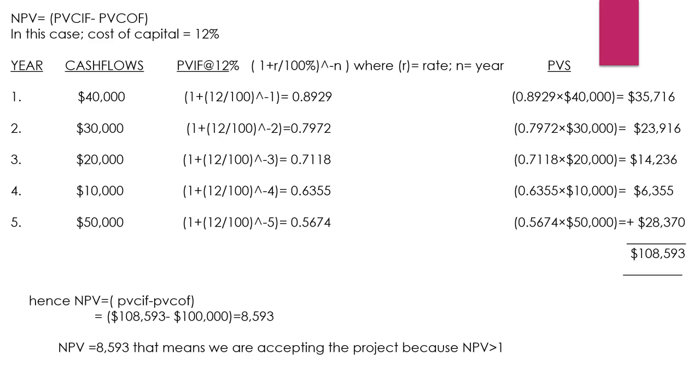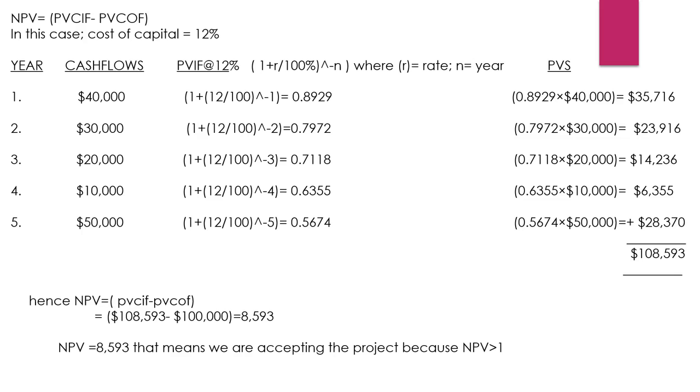So to get the present value of cash inflow, it will be 1 plus 12 over 100. 12 is the rate, you close the bracket, and we raise this to power -1 since we are in the first year.